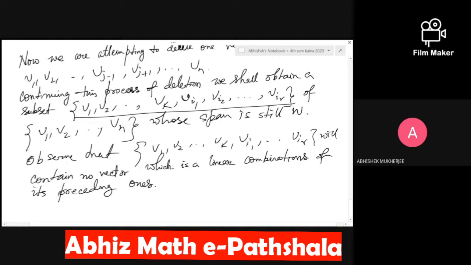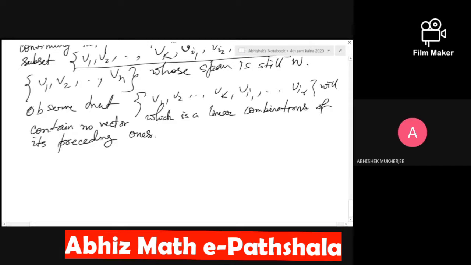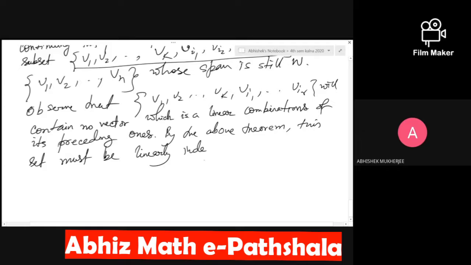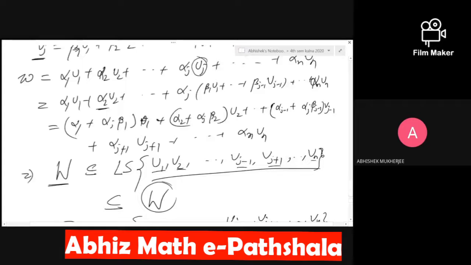And therefore, by the above theorem, this set must be linearly independent. Otherwise it would again have another vector which can be represented as a linear combination of the preceding ones. So this proves the corollary.